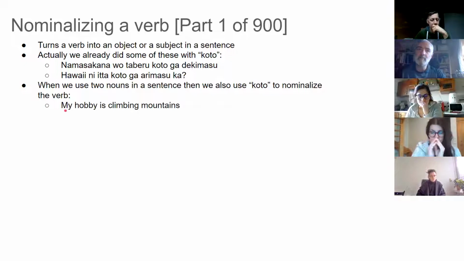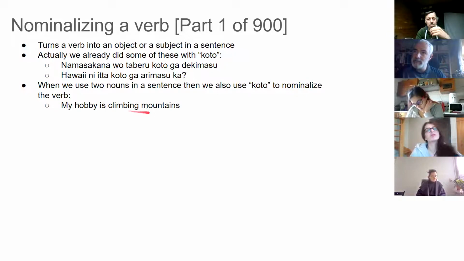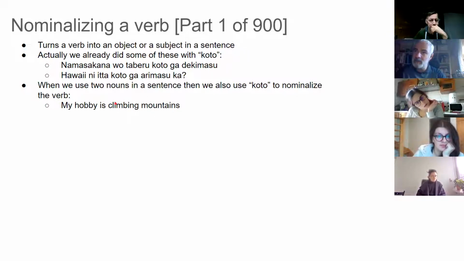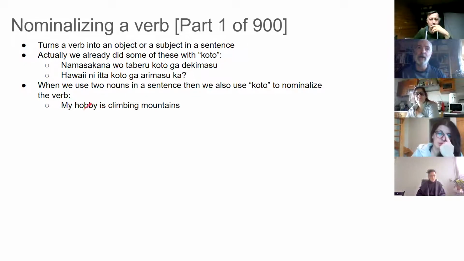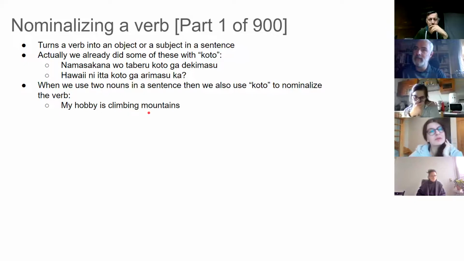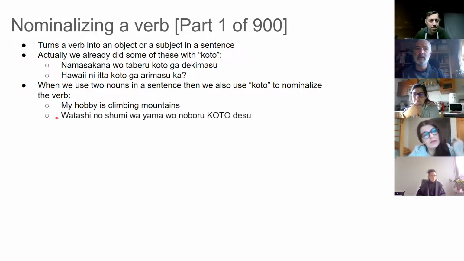So if you want to say, my hobby is climbing mountains, it's important to see this as a noun, my hobby, and climbing mountains is also a noun, or a nominalized verb. So noun equals noun. So this would be watashi no shumi wa yama o noboru koto desu.